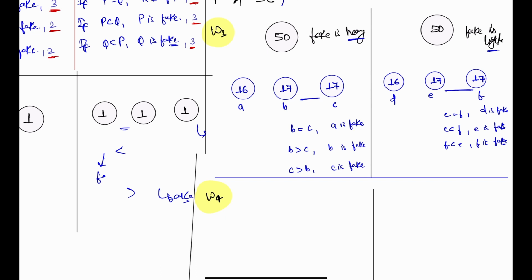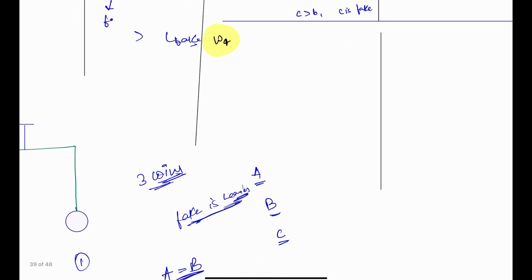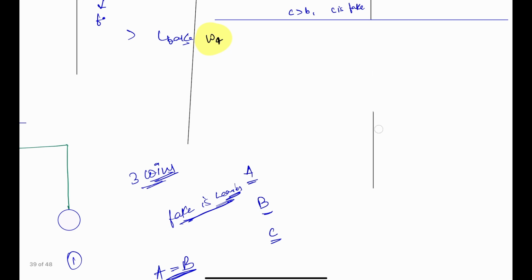Be it 16 or 17, it doesn't matter. If you know once how you can do this, because even if it's 16, you can divide 16 as 5 5 6. If it's 17 also, you can do 6 6 5, right? So as long as two are equal, it doesn't matter.